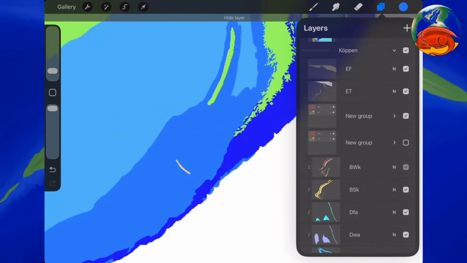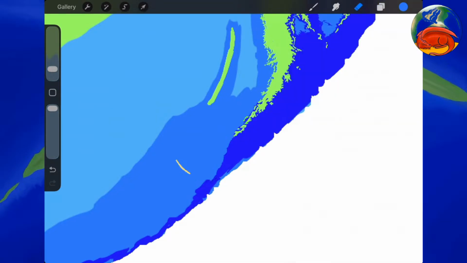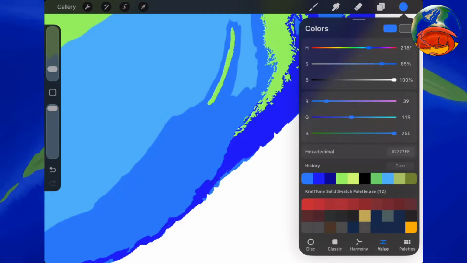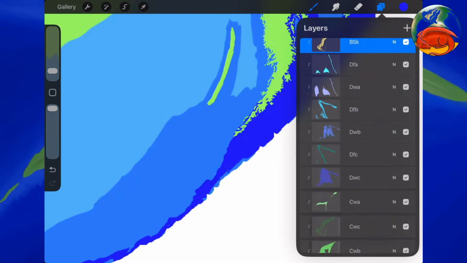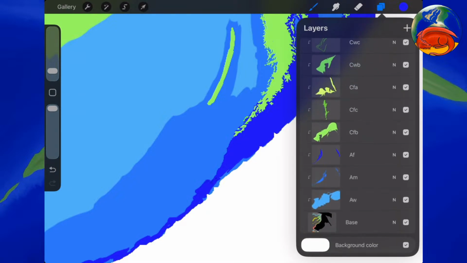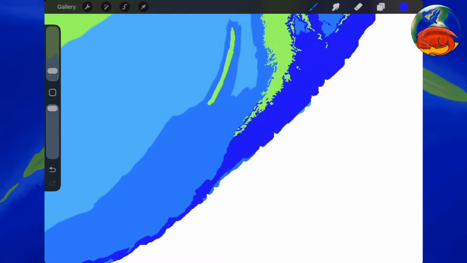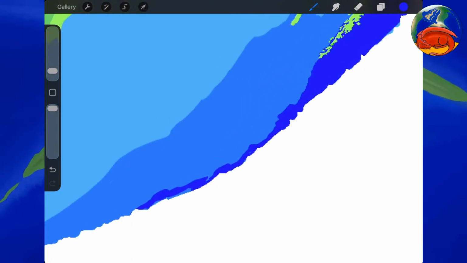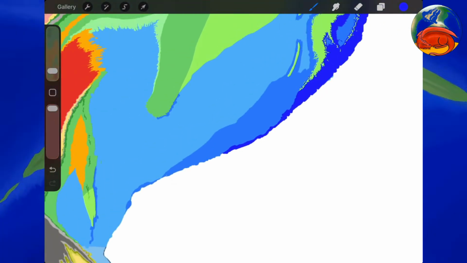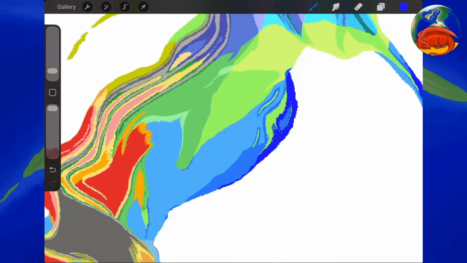What layer is this on? Okay, let's get out of that. That's not very helpful. Let's get this down the coast here. I think that tropical region's looking pretty good.